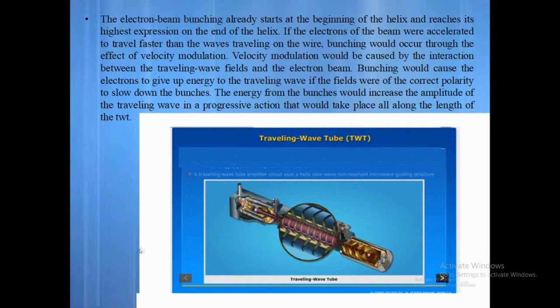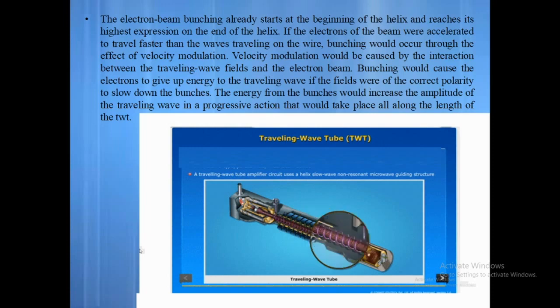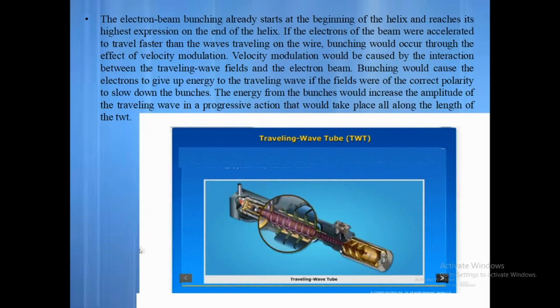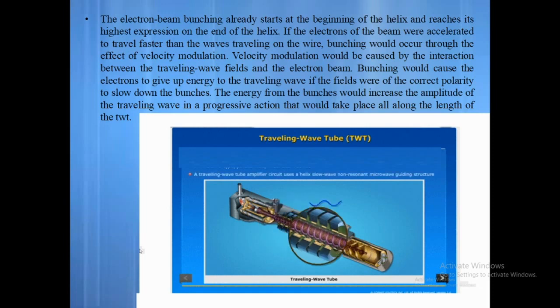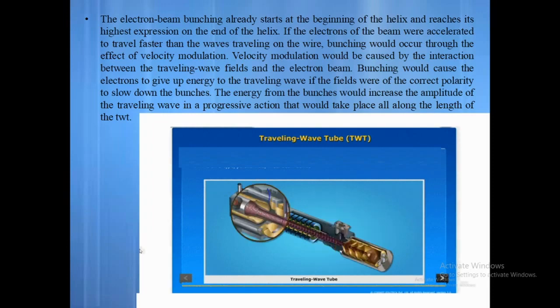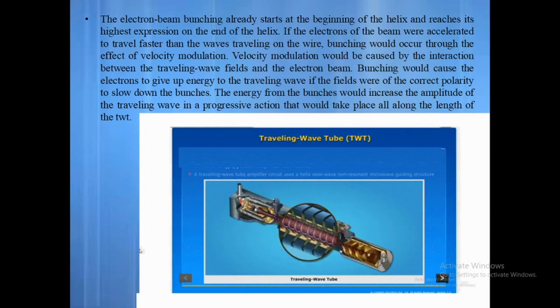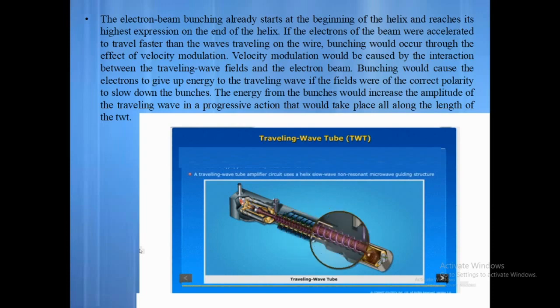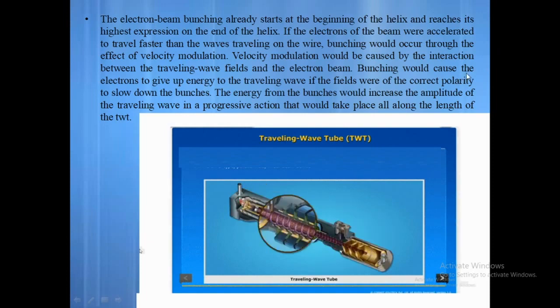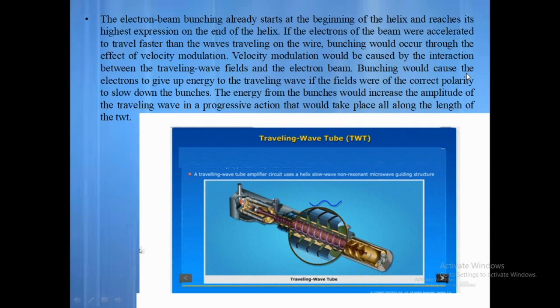The velocity modulation would be caused by interaction between the traveling wave field and the electron beam. Here, the velocity modulation occurs due to the traveling wave field, means the wave which is traveling in the helix, along with the electron beam which is traveling in the axial portion, means at the center of the equipment. Bunching would cause the electrons to give up energy to the traveling wave.